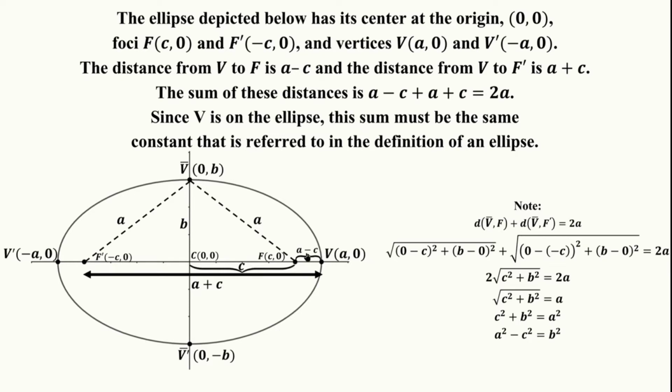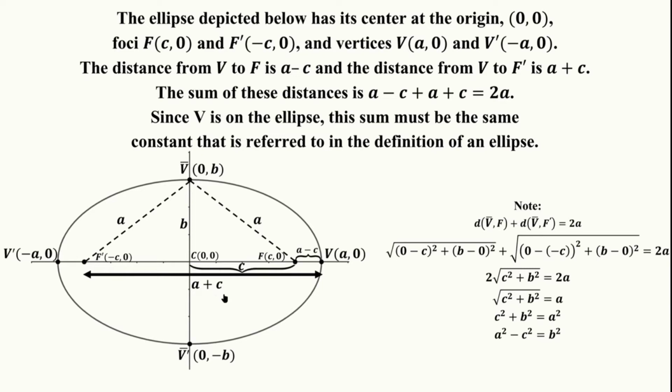So it's going to be a minus c, right? Now, let's see what the distance between V and F prime is going to be. Well, notice from here to here, that's a, right? And we also know that this distance here is going to be c. So the distance from the vertex V to F prime is just going to be a plus c, right?